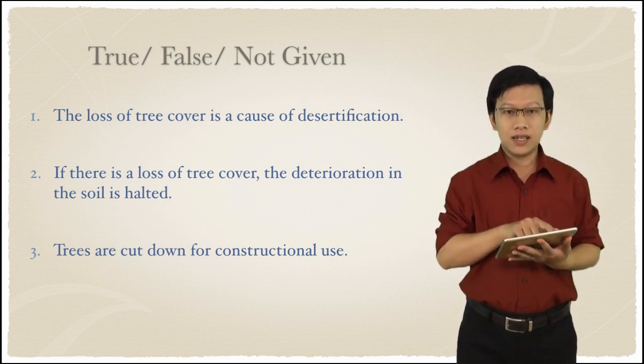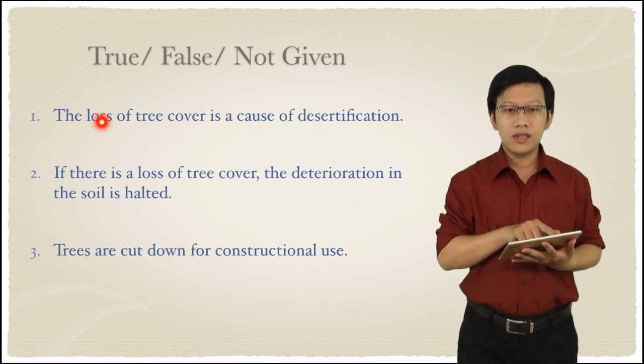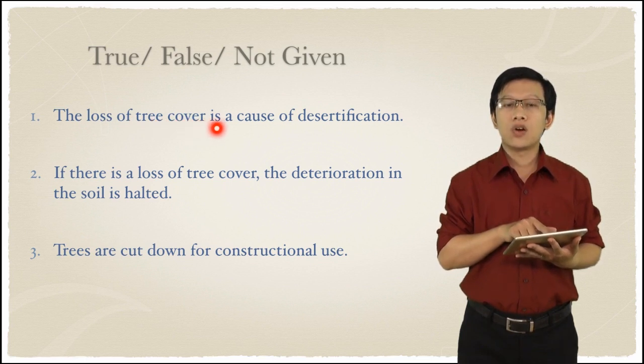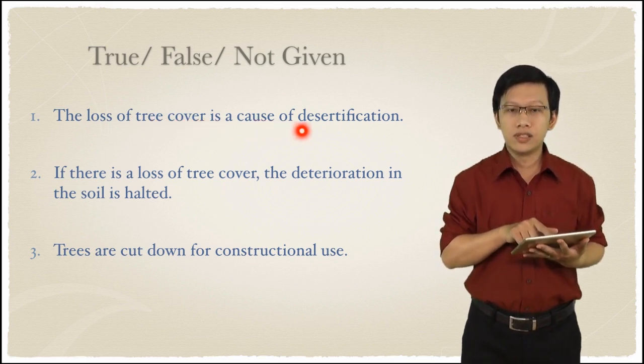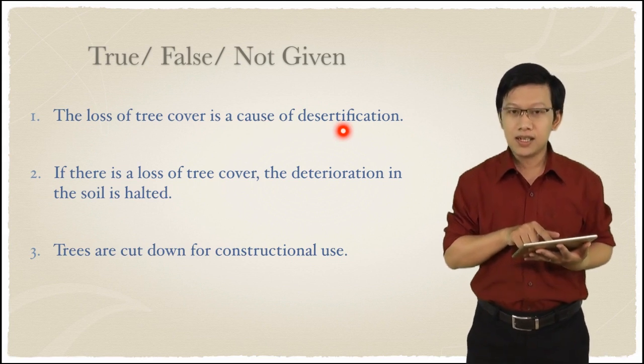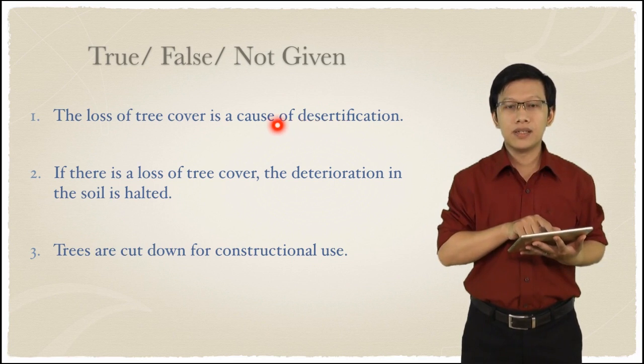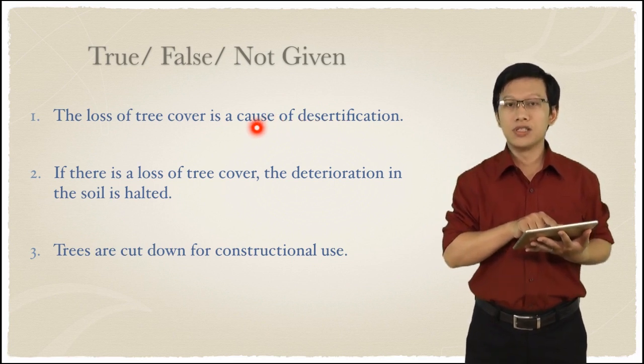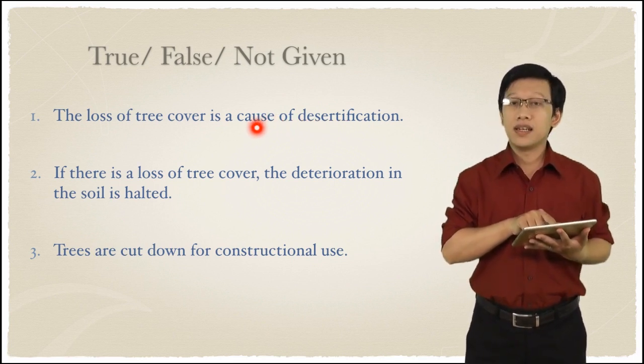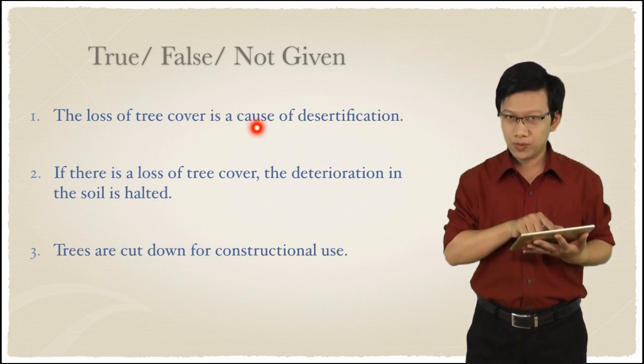If I say the first sentence is correct, that means the loss of tree cover is a cause of desertification. It's not a solution, it's not an effect, but it is a cause of desertification. Then I say it's true.